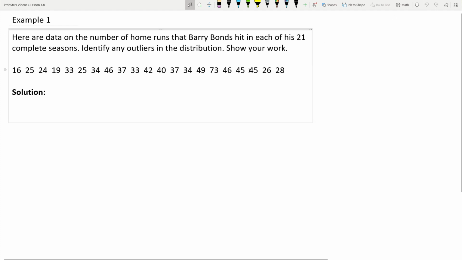All right, so here are the data on the number of home runs that Barry Bonds hit in each of his 21 complete seasons. Identify any outliers in the distribution. Show your work.